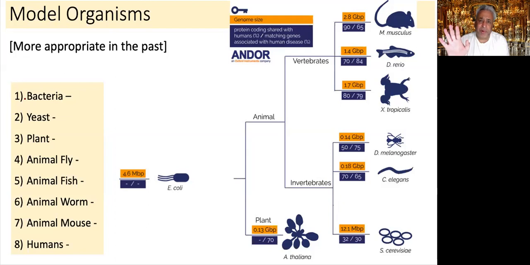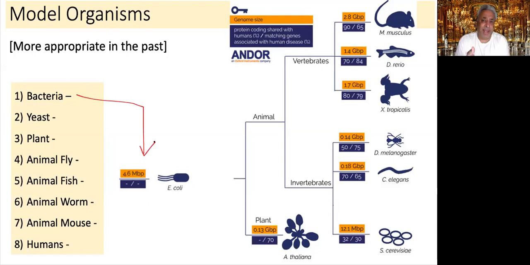There's millions of prokaryotes out there, but they chose E. coli as the standard, like our Toyota, right? So if you did research on E. coli, you could then share that knowledge with other scientists working on bacteria. So this was chosen as the prototypical model organism for studying.